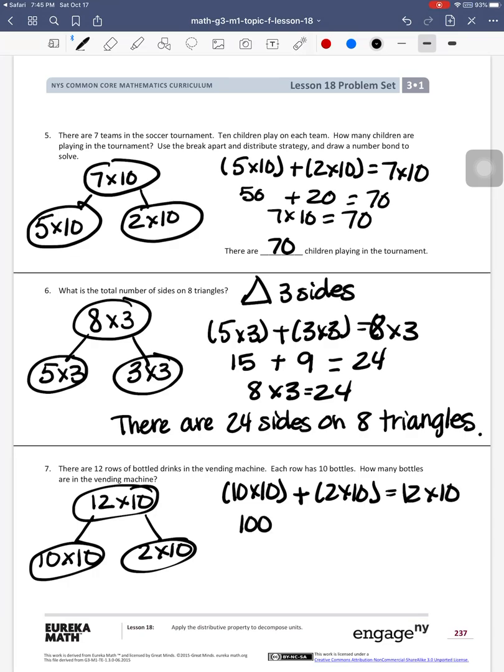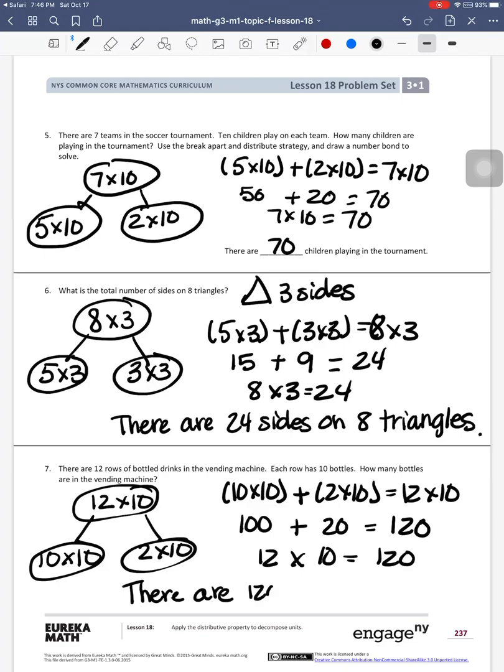And 10 times 10 equals 100. And 2 times 10 equals 20. And so now we have 120. 12 times 10 equals 120. There are 120 bottles in the vending machine. All right, now press pause while you do your exit ticket, and then go ahead and press play once you're done to check it.